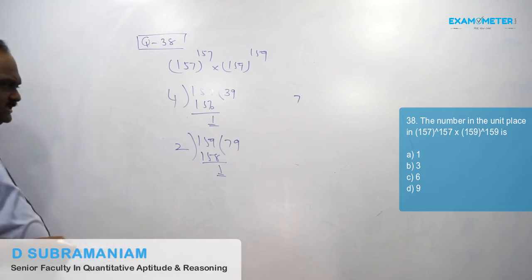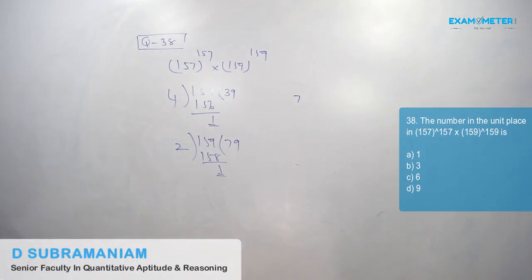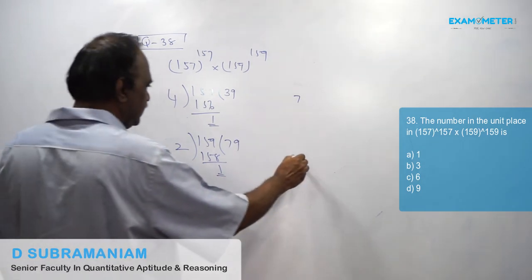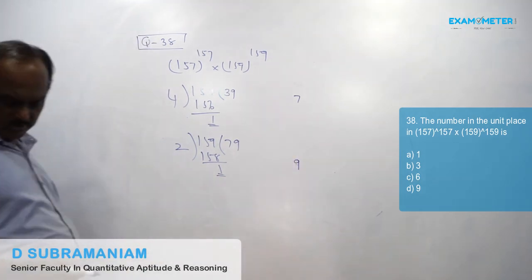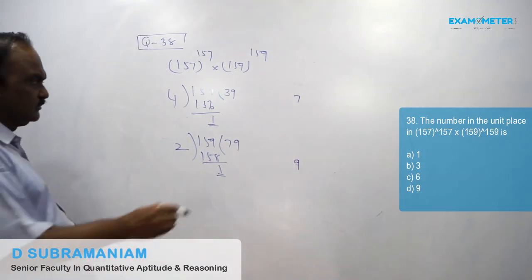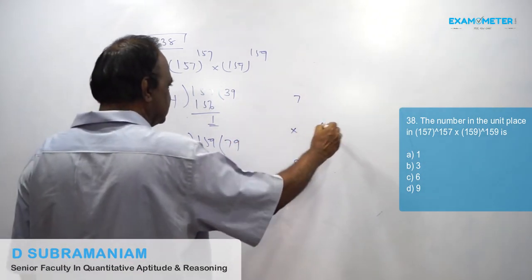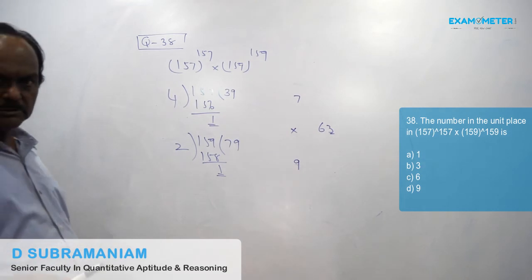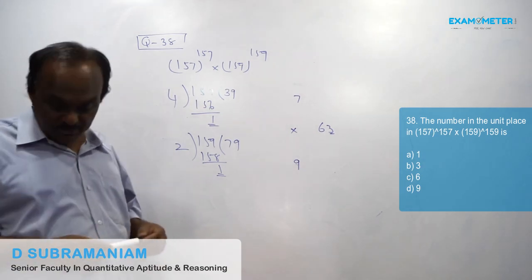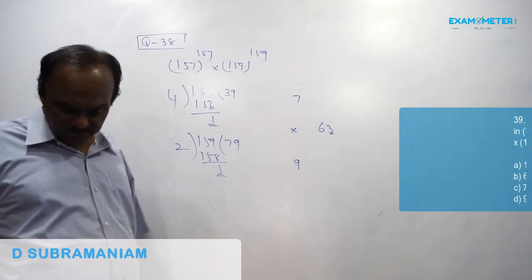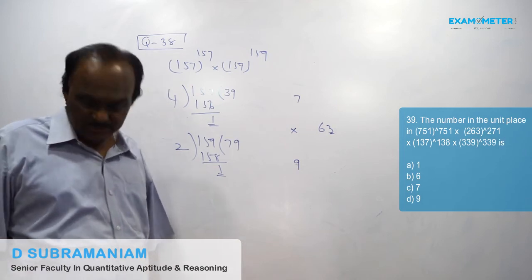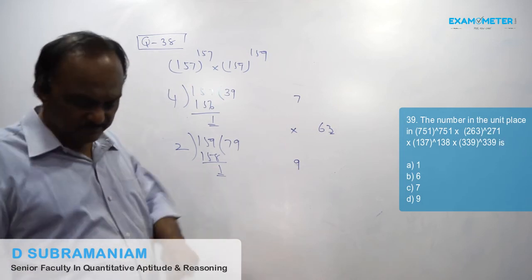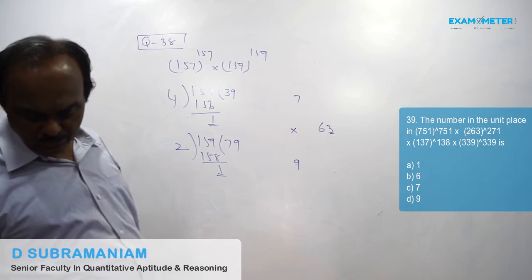If the unit place is 9, it is 9. Now multiply these two. 9 into 7, 63. So unit place is 3. So answer is 3. 39 you can do yourself. Answer is C. 40 also you can do. Same pattern.